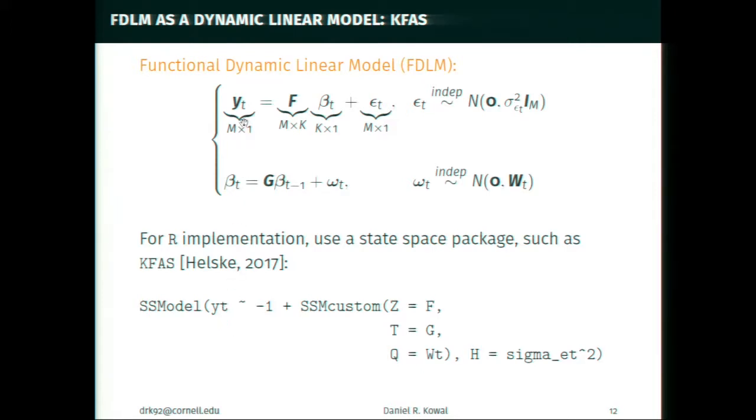I would just transpose that vector and then stack them up across all time points. And this SSMcustom function just says define the observation matrix Z, which in my case is F, an evolution matrix, which in my case is G, and then the 2 variances that I have. I'm not really explaining what those notations are, but it's simply to show that there is this one-to-one mapping, and I can use this state space framework as the machinery for sampling, but also for forecasting and other things you may be interested in.